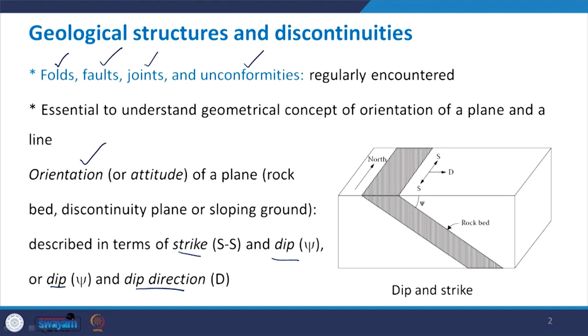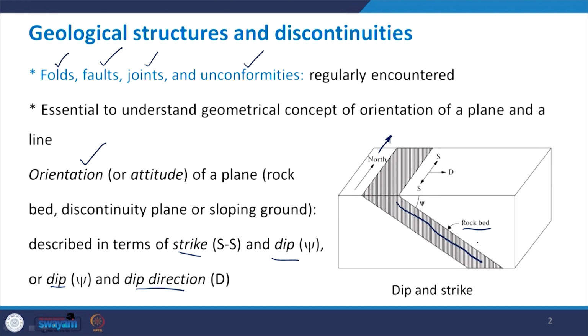Have a look at this figure and you can see that we have the north in this direction. Then this is the rock bed whose inclination we want to represent graphically.